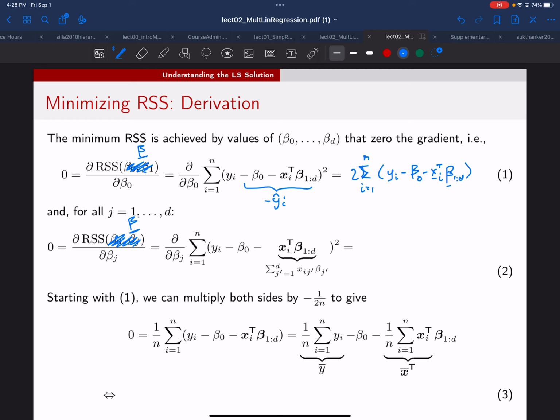And now we have to take the partial derivative of the thing in the parentheses with respect to beta 0. And what is that? Minus 1, right? So I just put the minus in front here. Okay, so that's the first part.